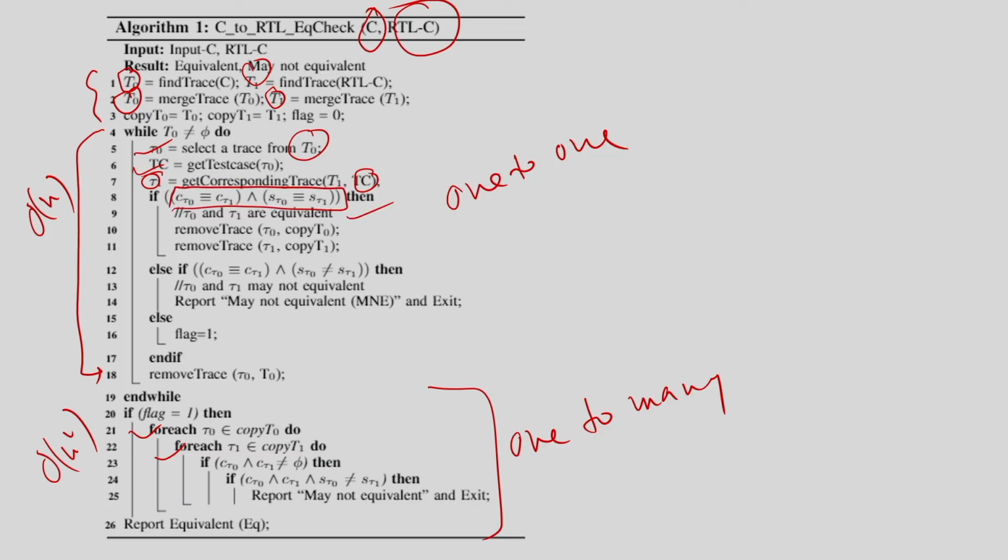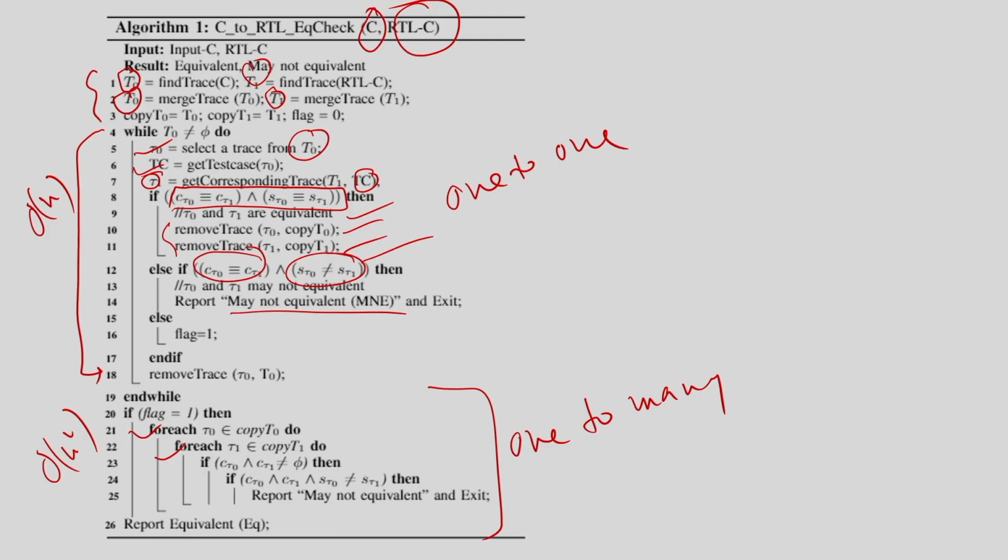If they are equivalent, I will say I identified the equivalence. So, I will just remove these two traces because for them equivalence is already obtained. And if I find that the condition is the same, but the data transformation is different, the output is different, then I say they are not equivalent, because if the condition is the same, these two traces must be equivalent, otherwise it is a problem, but I found that the output expressions are different.